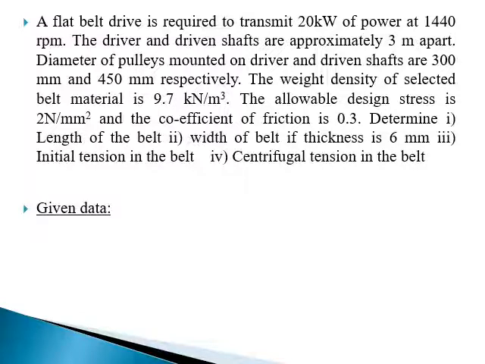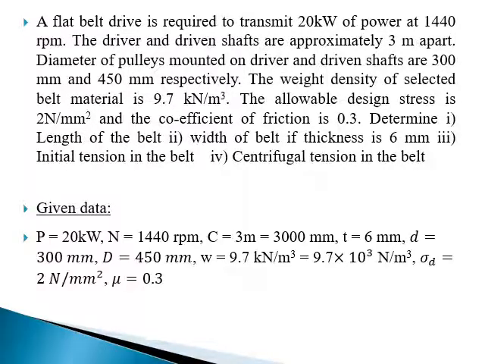Now let us see what data are given. Power is 20 kilowatts and the speed is 1440 rpm, and the distance between the centers of the drive is 3 meters, or 3000 millimeters. Thickness of the belt is 6 millimeters.